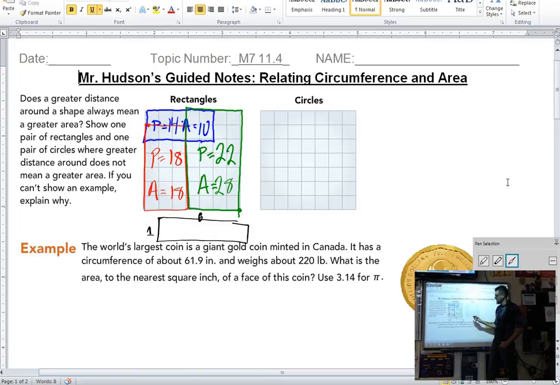You don't have to draw this. But the perimeter there would still be 14. But if this was 6 by 1, what would my area be? 6. So, same perimeter, completely different area.